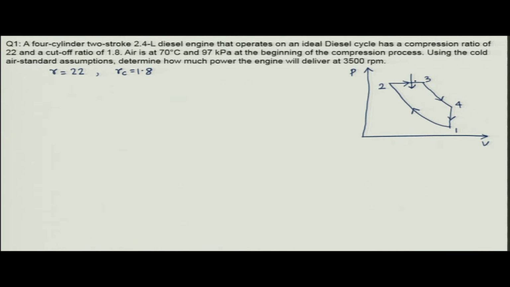Here this is the heat input and this is the heat output. So, this is the PV diagram of a diesel cycle.